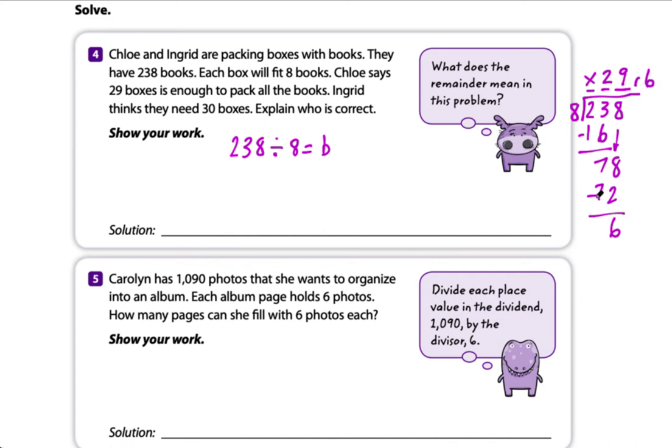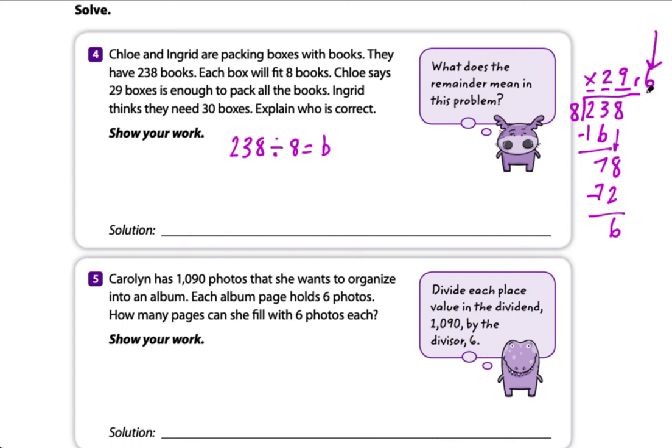29 remainder 6. Now I'm going to have to use this remainder somehow because this is a word problem and I can't use remainders with word problems. So what this means is 29 full boxes it will take to pack all these books, but I have 6 books left over that are not in a box. So how many boxes would it take to pack all of the books?